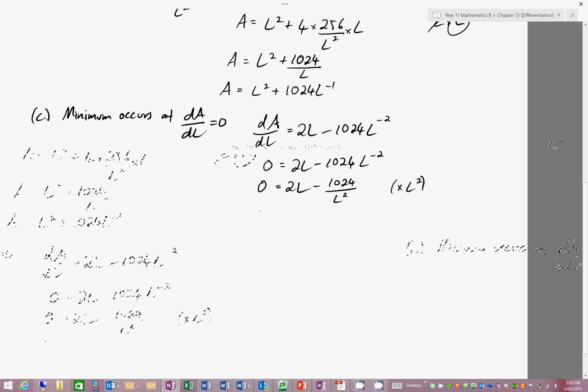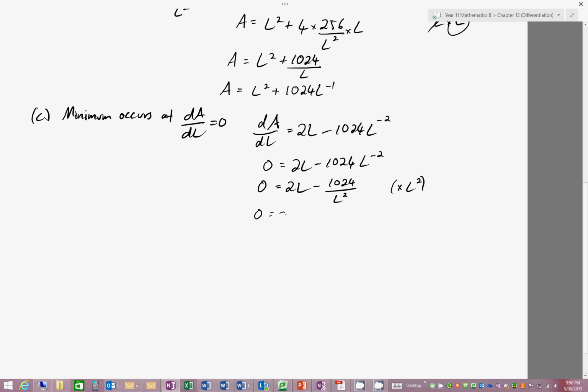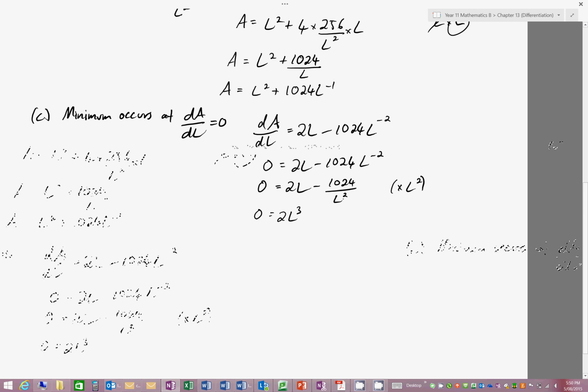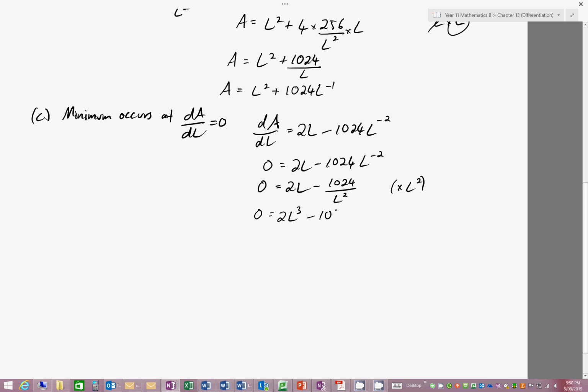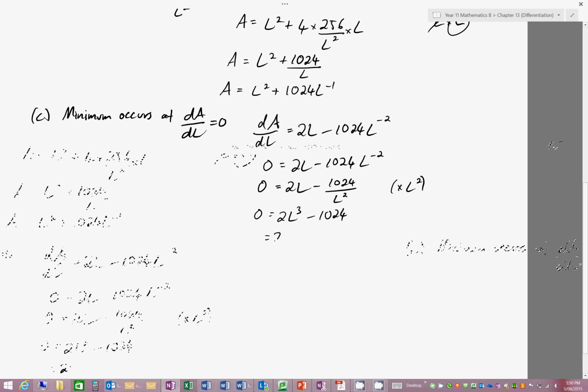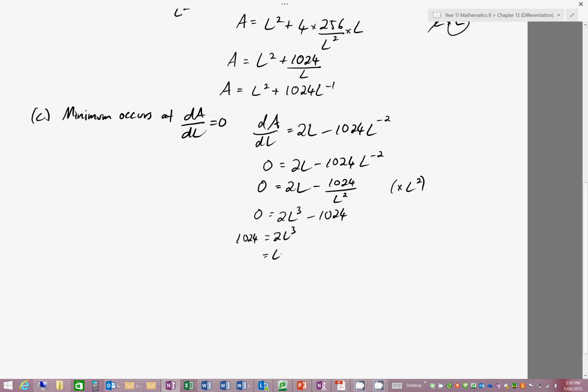So 0 times L squared is 0, 2L times L squared is 2L cubed, and multiplying by L squared here gets rid of that fraction. And you're just into equation solving mode now. 2L cubed equals 1024, L cubed is 1024 divided by 2, which is 512, and L will be the cube root of 512.